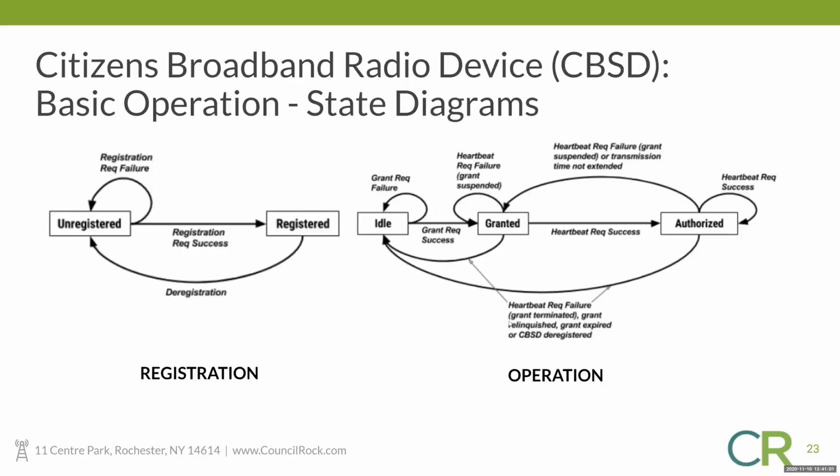The authorization, or the grant of that license for that channel and those parameters to that CBSD, is defined in a contract that a SAS operator will have with the CBRS operator in this geographic location.